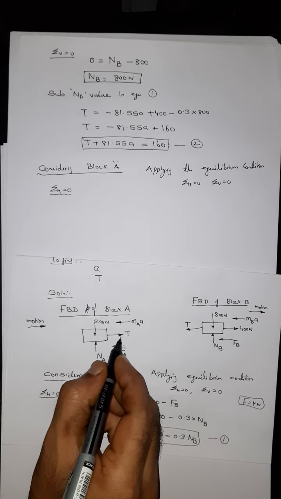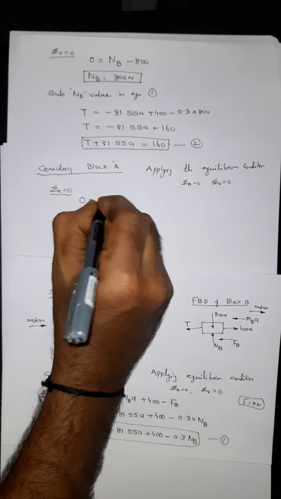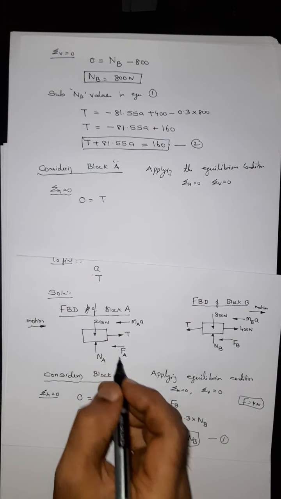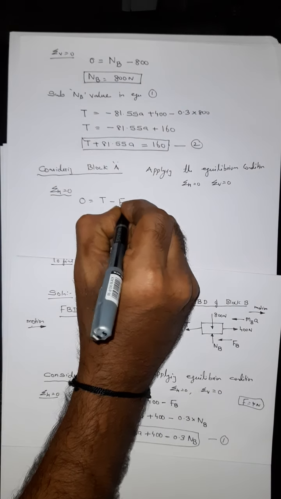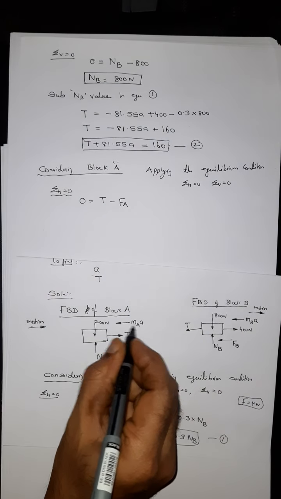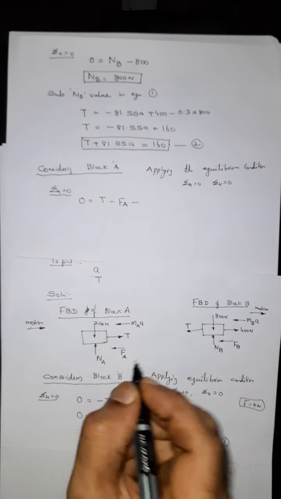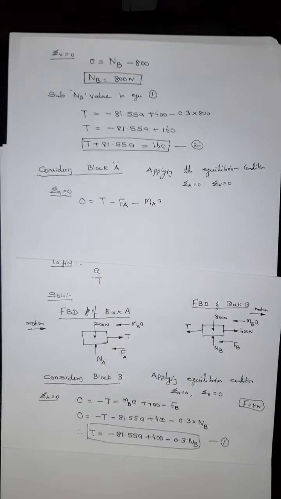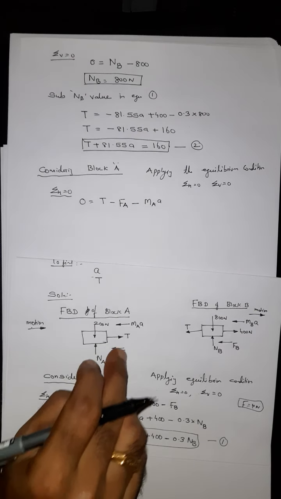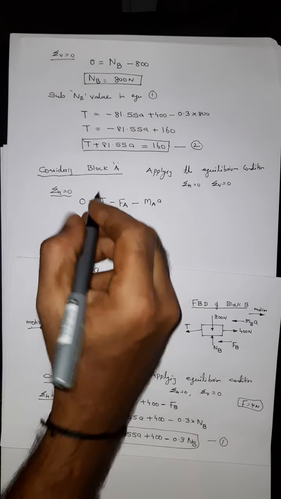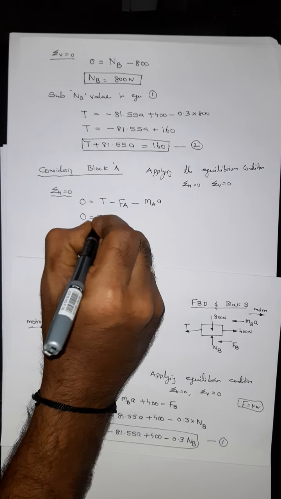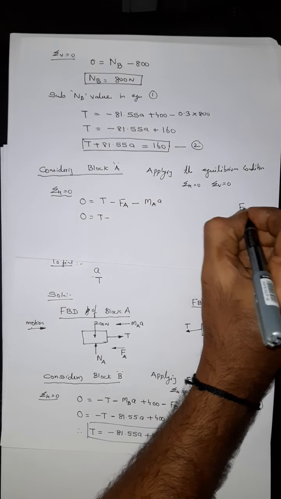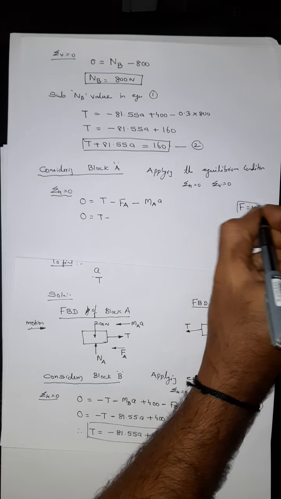T, which is acting in the positive direction, so T minus FA, and this inertia force is also acting in the negative x direction, MA A. So 0 is equal to T minus F, where F is nothing but mu N.